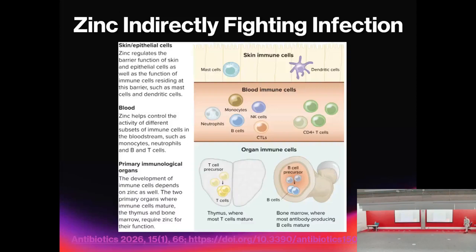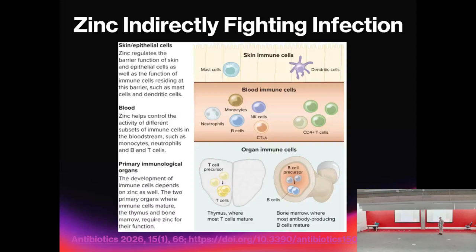Zinc's another one, and in combination with vitamin C, zinc has been proposed to influence the immune system. So again, there's a few different mechanisms here whereby you need zinc to help you produce these tight barriers between the cells so that that stops microbes passing between them, like I described right at the start of this lecture.